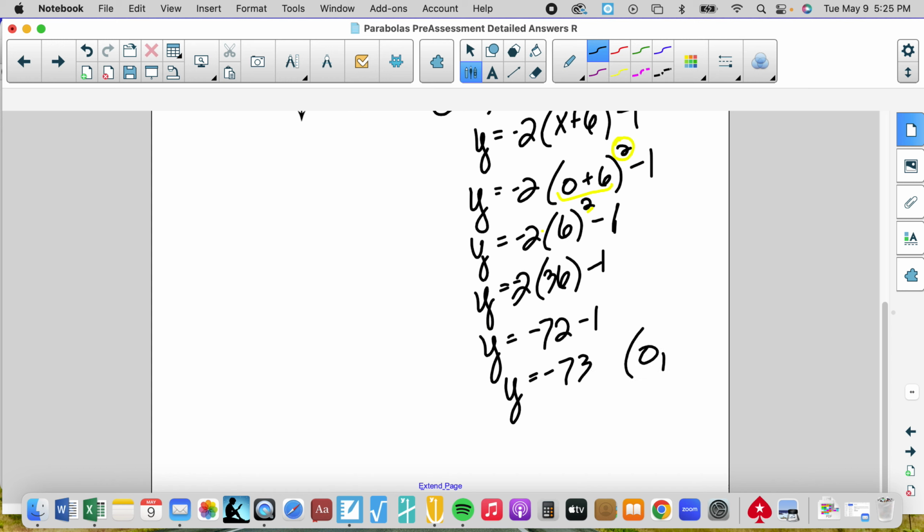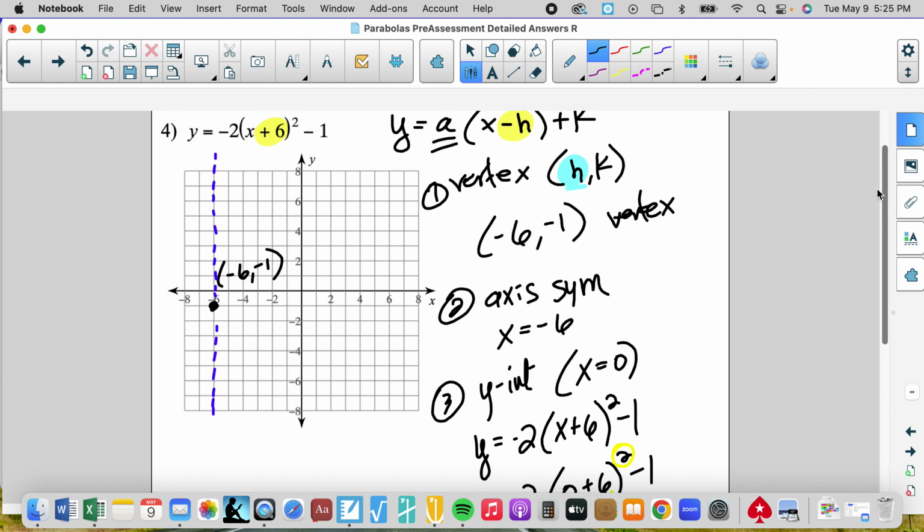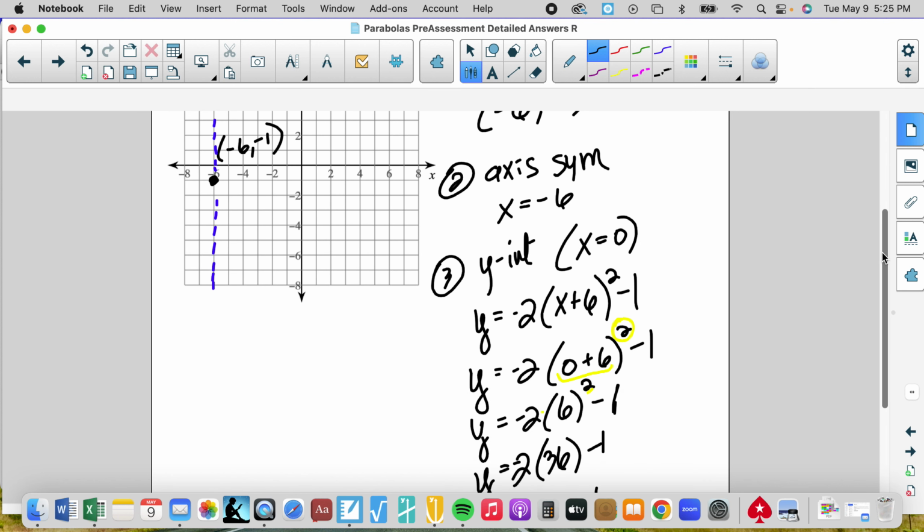How cuckoo is that point that we have to graph? 0, -73. Oh, goodness. That's going to go right here. Now, it is 6 away from the axis of symmetry.